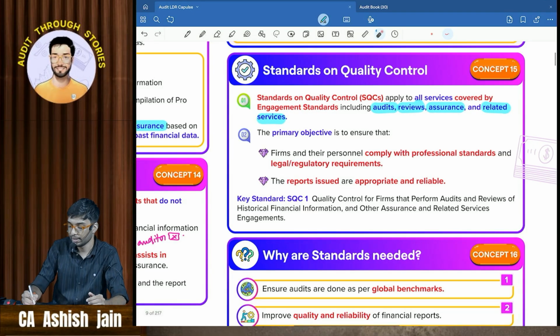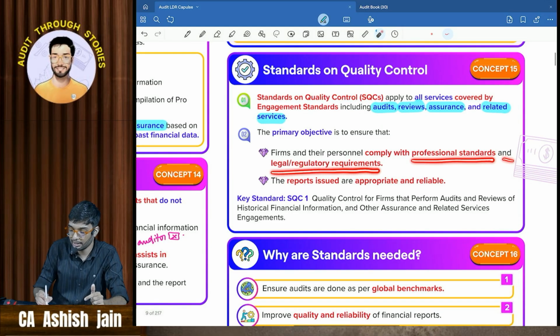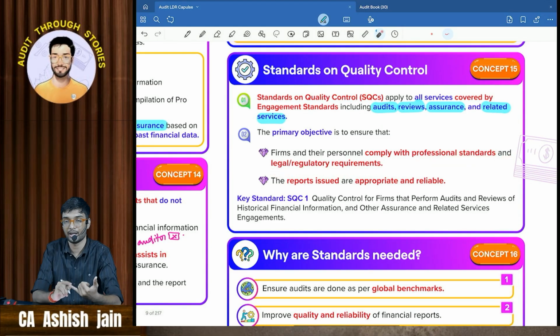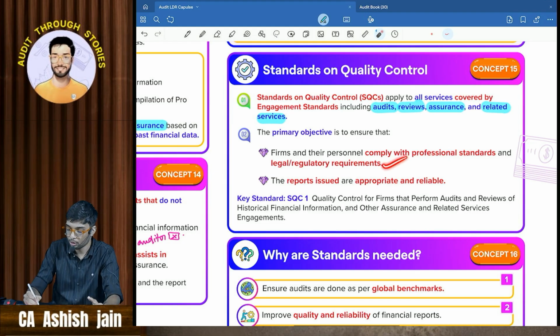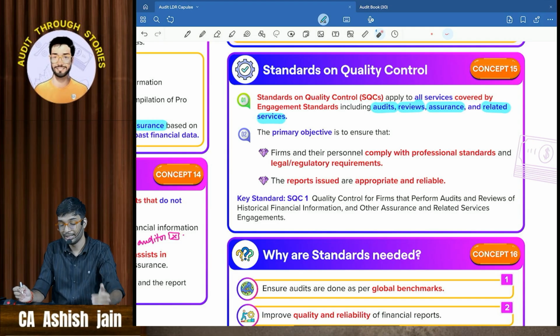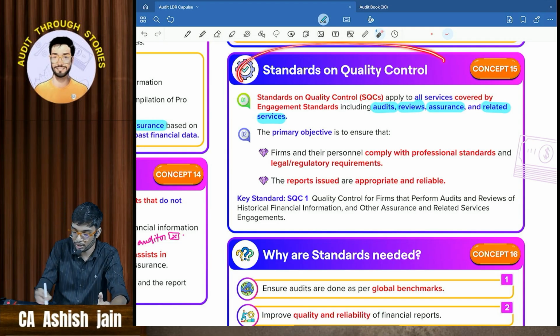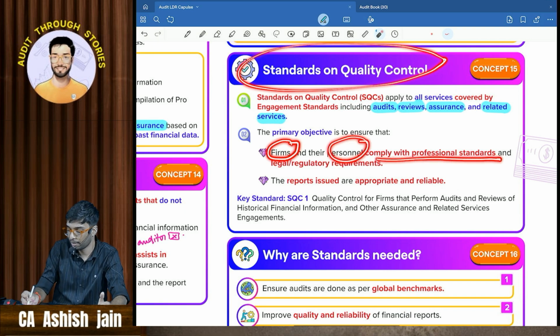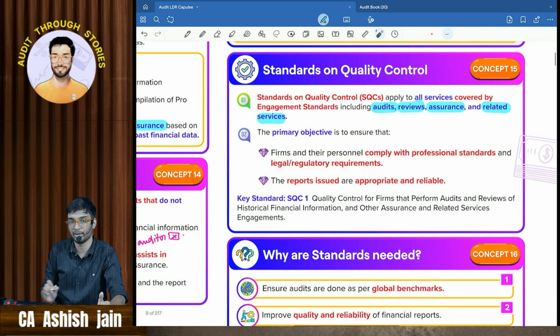Legal and regulatory requirements are compliance such as appointment of an auditor, sections 141, 138, 139, and so on.